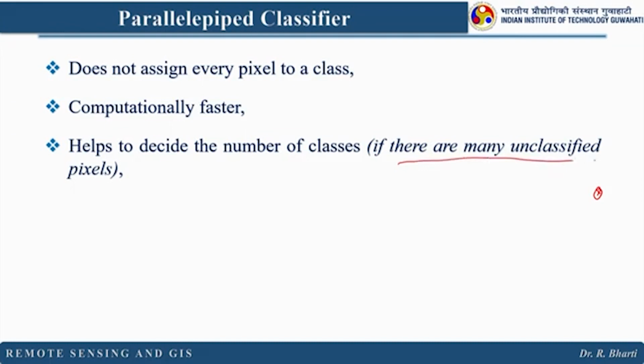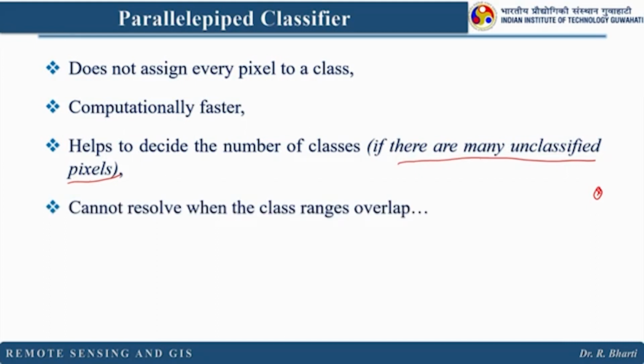And it can be used to decide the number of classes in your input, because if there are many unclassified pixels left after this classification, that means initially I have given 3 classes, but one more class is coming with too many pixels, that is unclassified pixels. That means I need to increase the number of my training data sets, so you have to provide maybe 4, 5 or 6 training data sets, right?